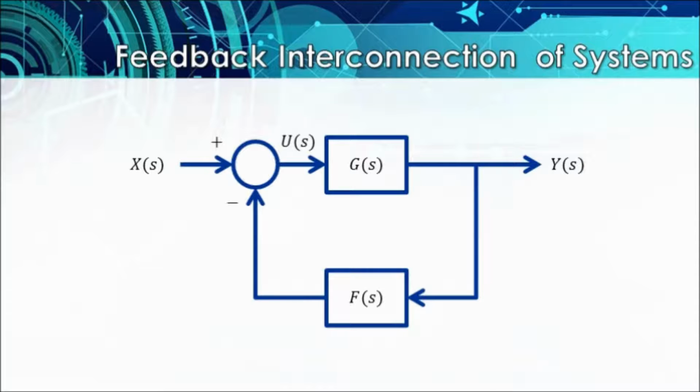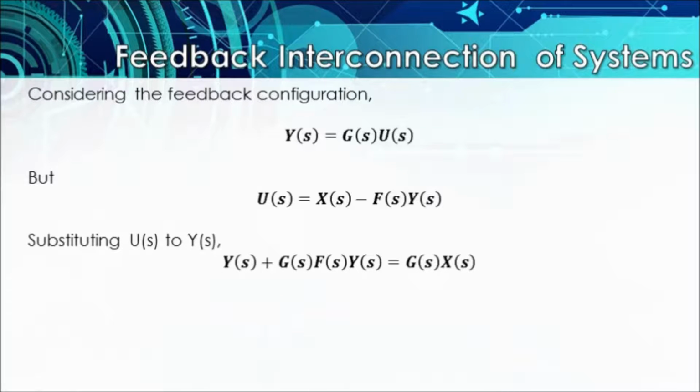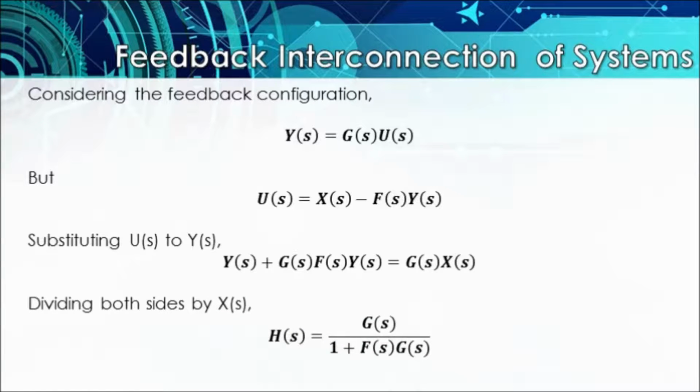Considering the feedback configuration, we can say that Y(s) is equal to G(s) times U(s), but U(s) is equal to X(s) minus F(s) times Y(s). Substituting U(s) into Y(s) will result in this equation. Dividing both sides by X(s), we can obtain H(s), which is equal to G(s) all over 1 plus F(s) times G(s).